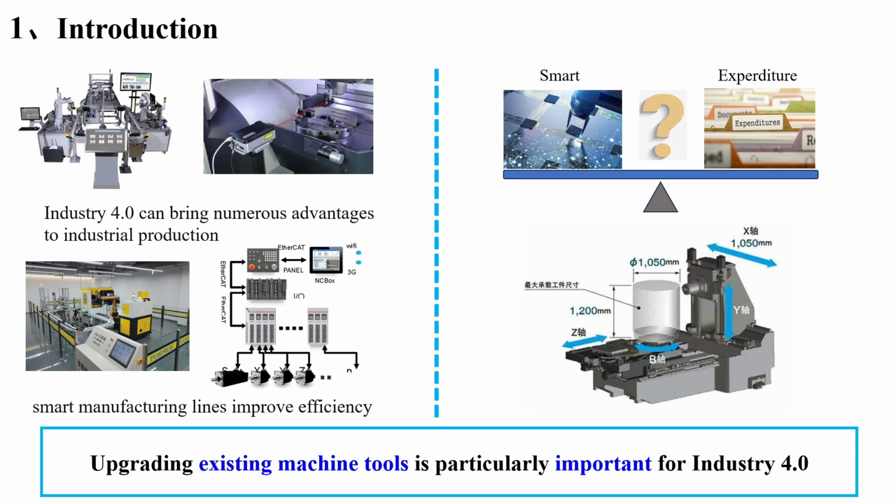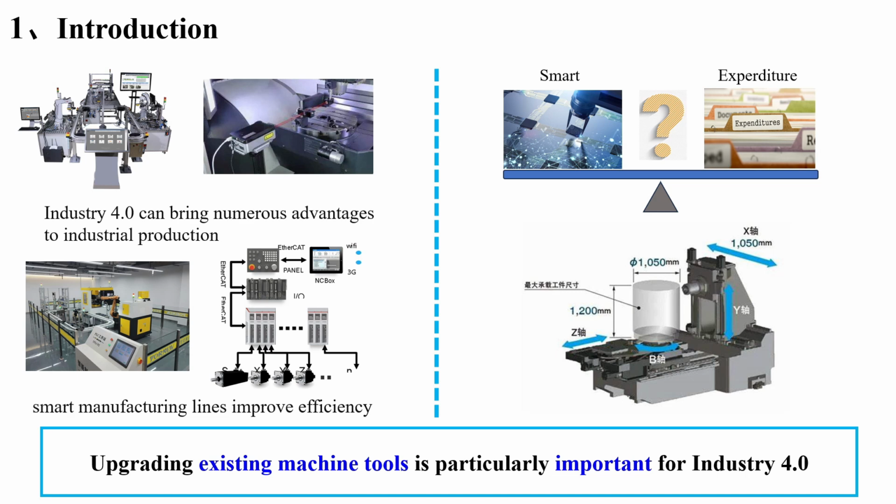So firstly, I want to begin with the introduction part. As we already know, Industrial 4.0 brings numerous advantages to the manufacturing sector, significantly enhancing production efficiency through intelligent manufacturing systems.